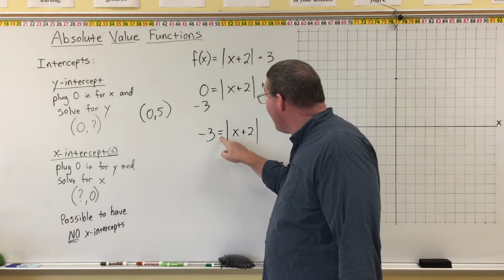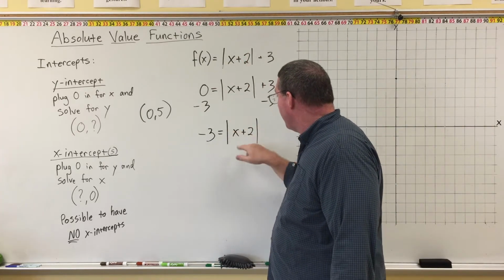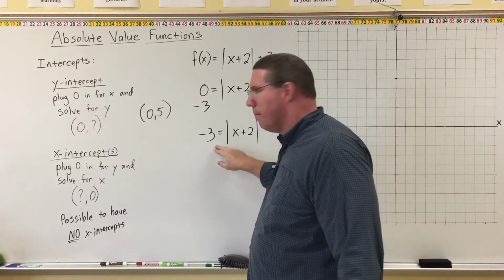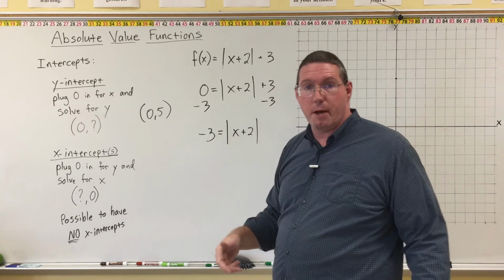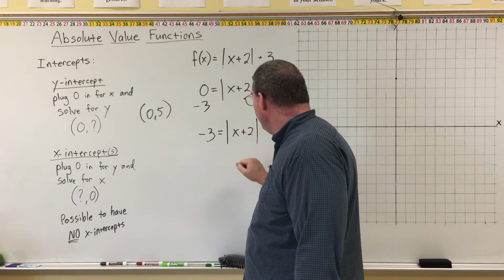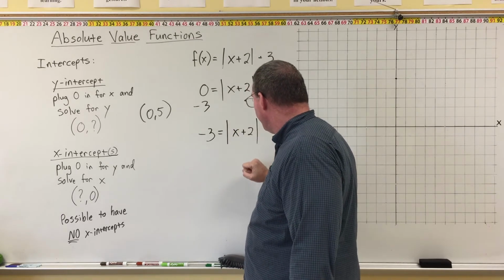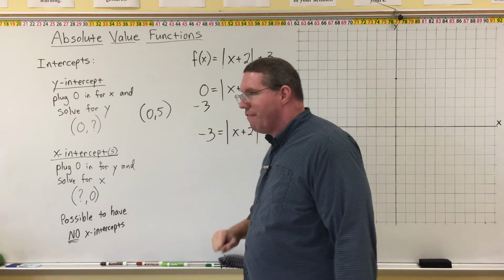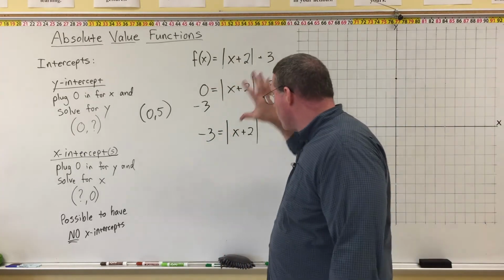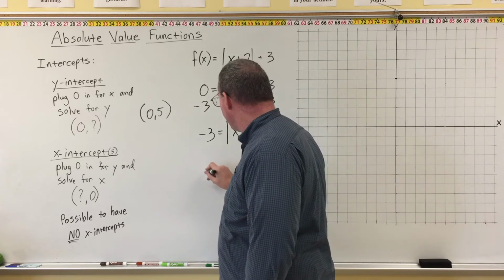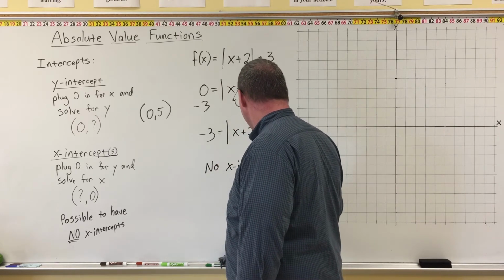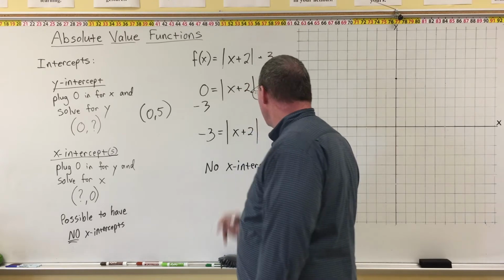Now, if there was a negative sign in front of the absolute value of x plus 2, that would mean there was a negative 1 there, and we could divide by negative 1 on both sides, and then this negative 3 would become positive. But what we have here is a positive absolute value expression being set equal to a negative value, and that is impossible. Therefore, at this point, you stop and you just simply say no x-intercepts, and you are done.